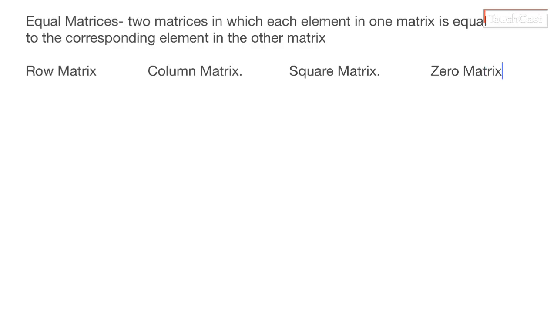So a row matrix, it's pretty simple. All it is, it's a single row. It might look like it's got some elements in it, and it's a row.